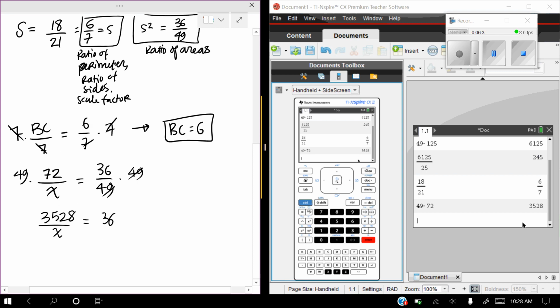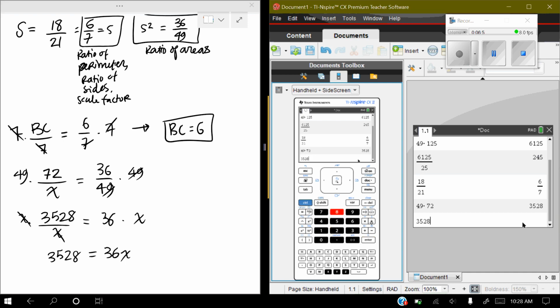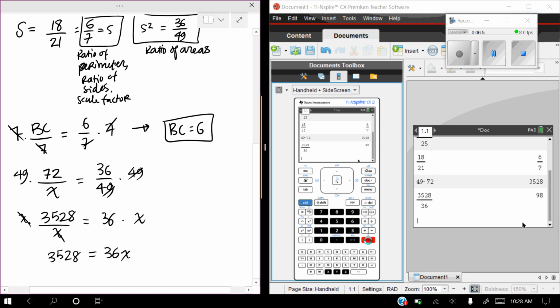Now I'm going to multiply by the denominator on this side. So we get 3,528 equals 36x. Then you just divide by 36 on both sides. So x is 98, which I think is centimeters squared, but 98 would be what you type in for the area of figure 2.